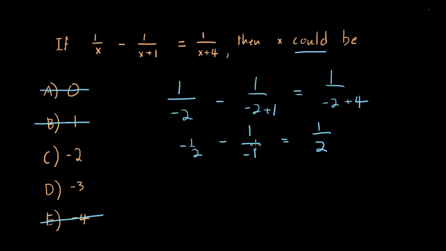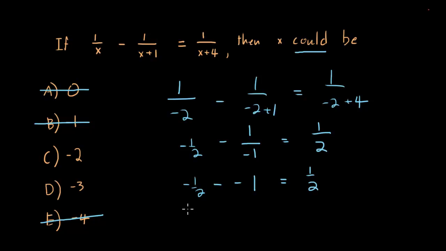And continuing, we get negative a half minus, well, this whole thing is just negative 1, right? 1 divided by negative 1 is negative 1. Equals a half.